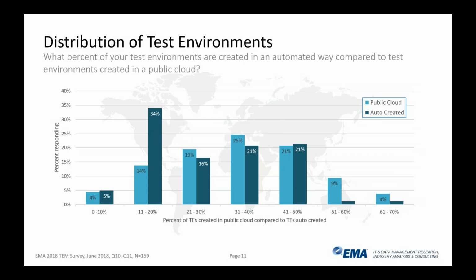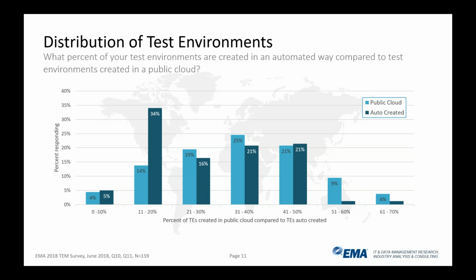Okay, now in this slide, we're actually combining two questions from the survey. The first was, what percent of your test environments were created in the public cloud? And what we're showing here is that most enterprises are pretty evenly distributed, spinning up between 10 and 50% of their test environments in the cloud. So it's a good start. But since DevOps is a perfect use case for the cloud, it's actually surprising these numbers aren't higher yet.